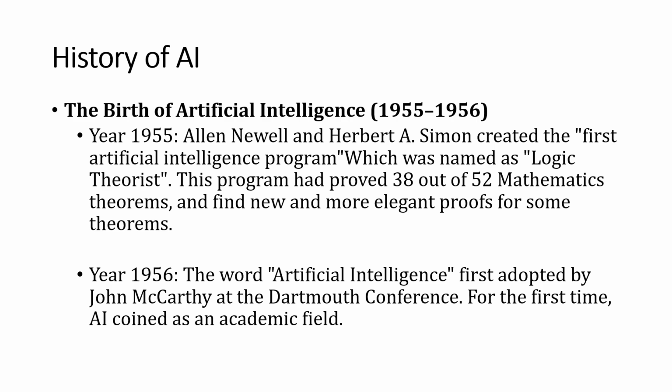This period marks the official beginning of artificial intelligence as a scientific and academic discipline. During this time, AI moved from theoretical ideas to actual working programs, and the term artificial intelligence was formally introduced.